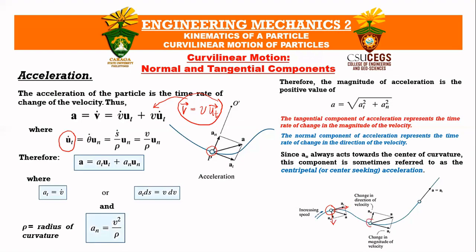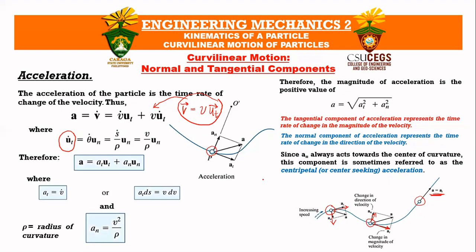Next, for the second position, the normal and tangential components change. So here is the normal and its tangential. And as it goes to the next position, if ever the curve is a straight line, the acceleration is equal to the tangential acceleration.